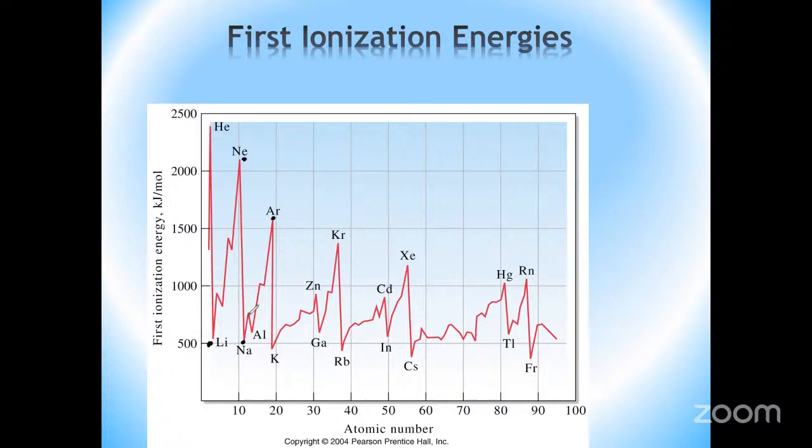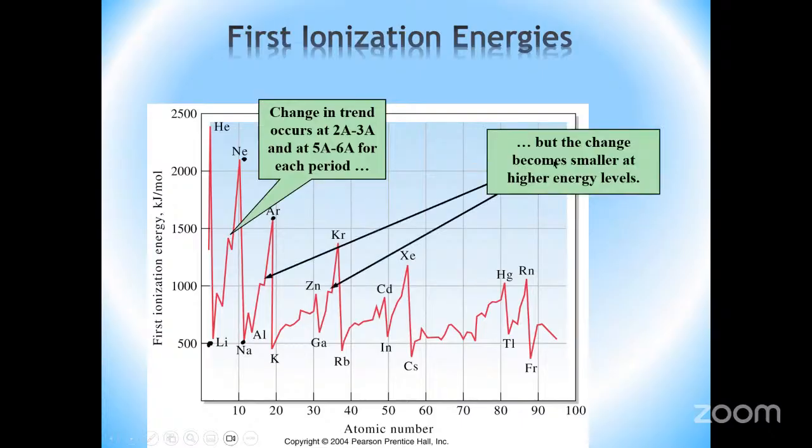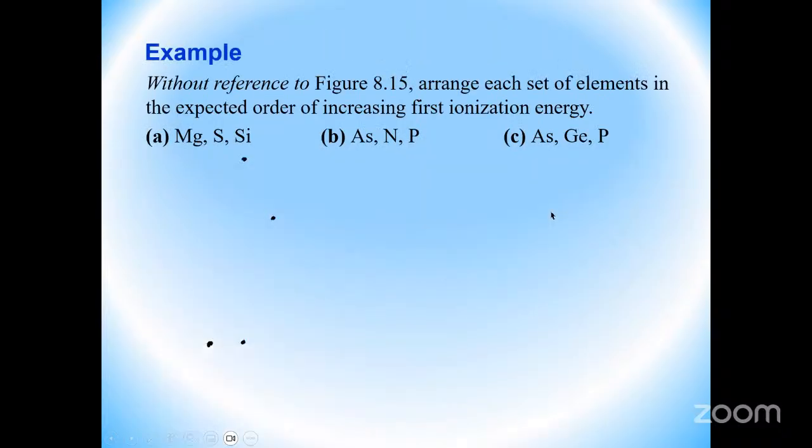So you see those 2 trends for periods 2 and 3. Beyond that, it becomes confusing, right? When you go to period 4, 5, 6, it becomes more complicated. So this is what I just described. And then it says the change becomes small at higher energy levels, so it becomes more complicated.